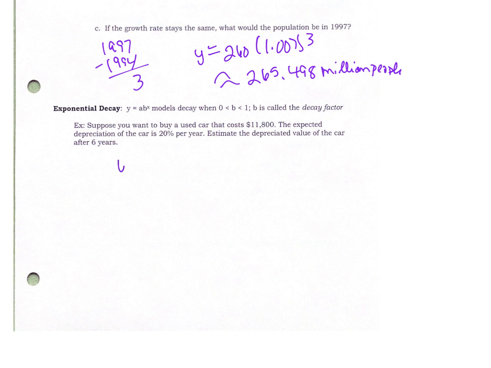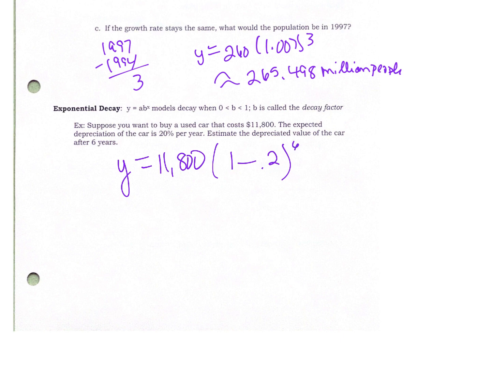All right, so what's our starting condition? Ethan, what's our starting condition? 11,800. Yep, the 11,800. And then we're doing 1 minus, that 20% has to get written as a decimal, so that's going to be what, Lily? Move the decimal 2 places to the left. 0.2. So 0.2, good.